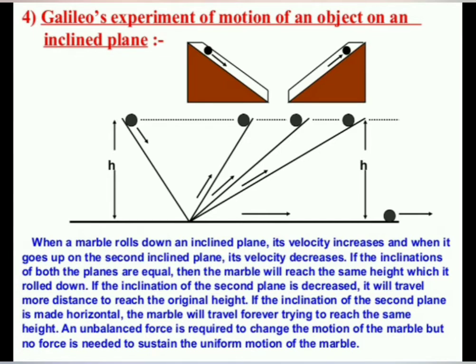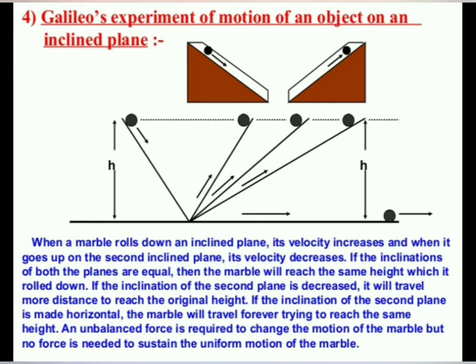In the first inclined plane, observe the arrow mark, you roll the marble, so it moves down the first inclined plane and its velocity increases.